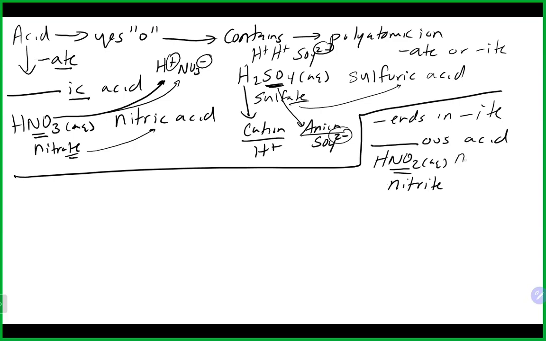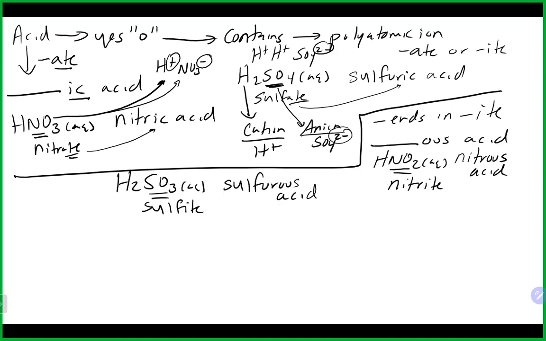This will then become nitrous acid. Yeah. H2SO3. SO3 is sulfite. This will be sulfurous acid. So OUS for somebody that ends in ite, IC for somebody that ends in ate.